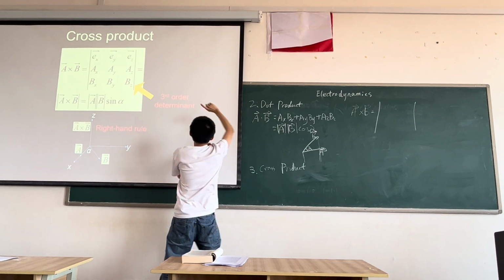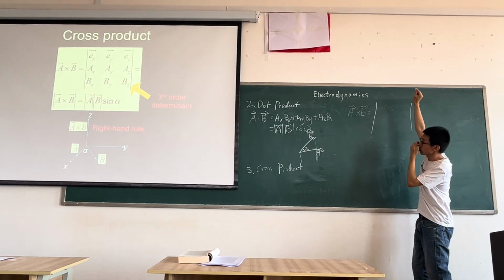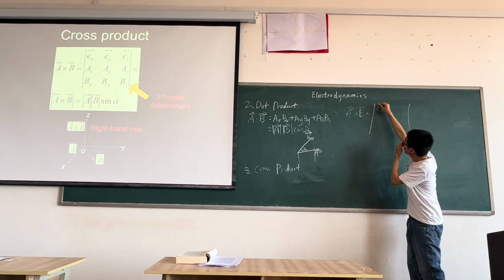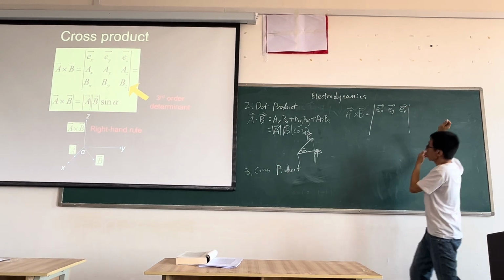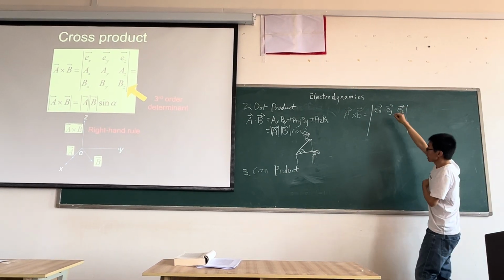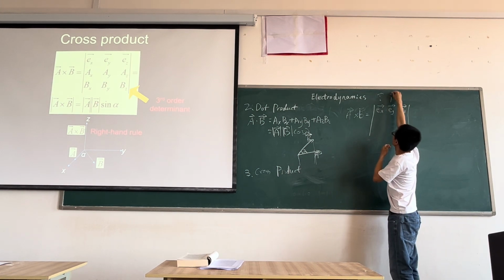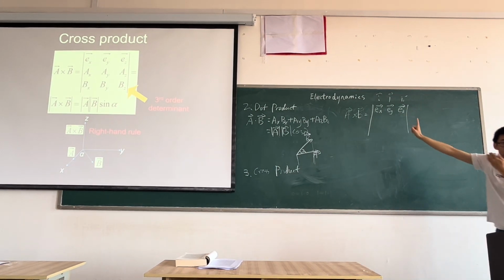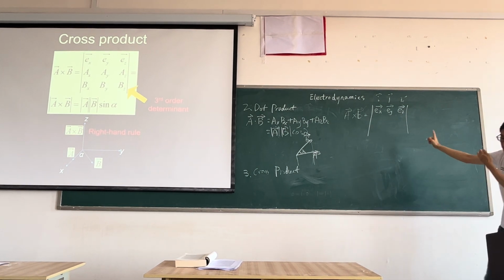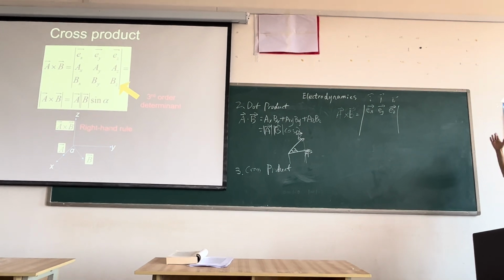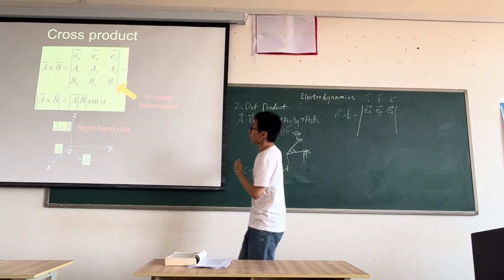The first row has the elements EX, EY, EZ. Of course, they can also be written as vectors I, J, K. They symbolize the same thing, the unit vectors in the Cartesian coordinates.